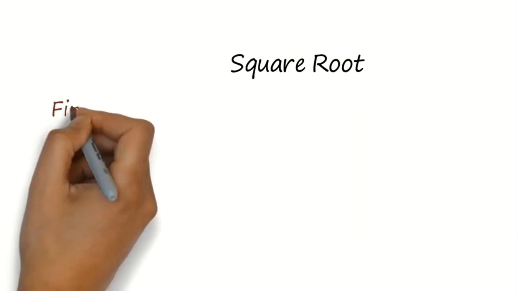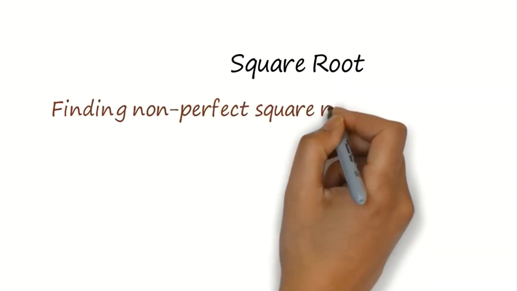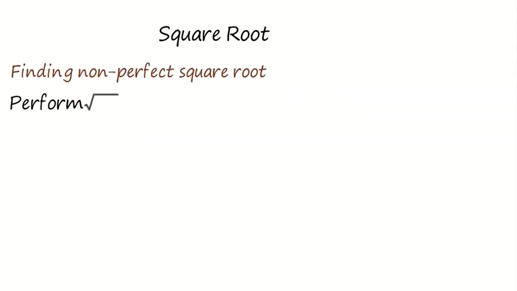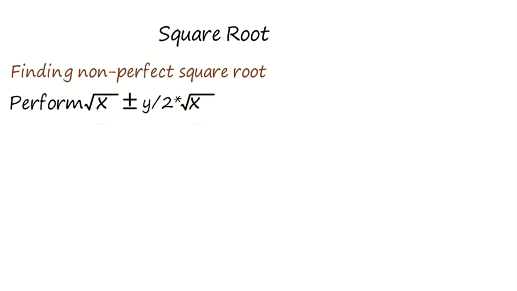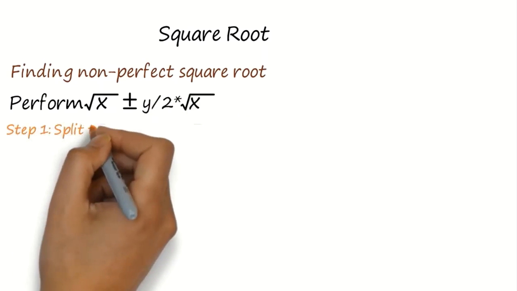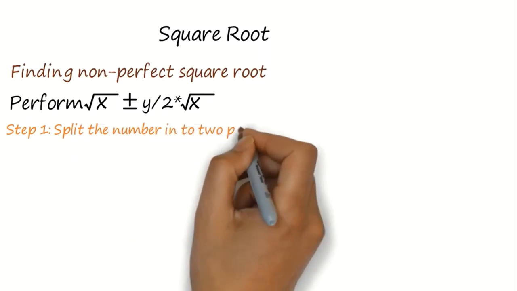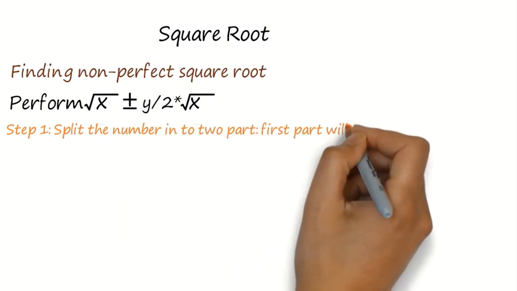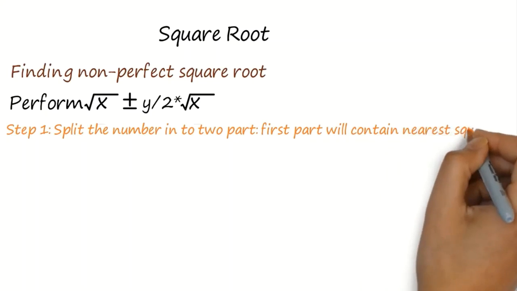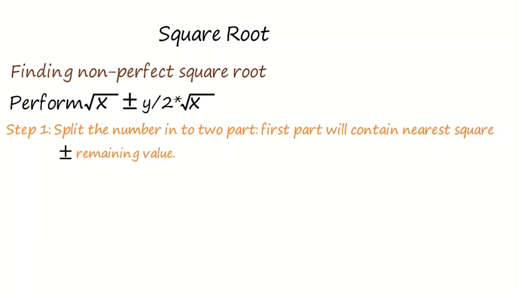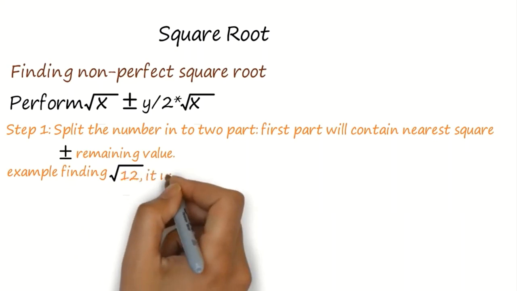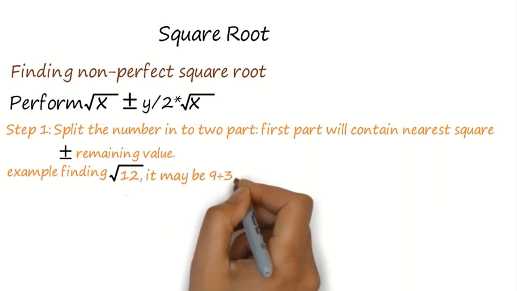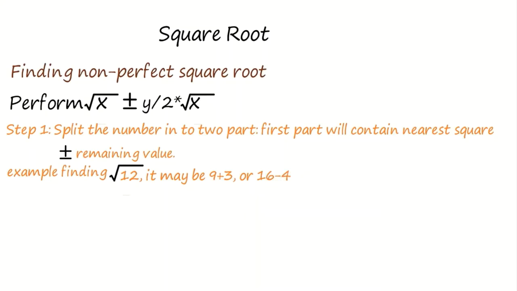Now let me give you a formula through which you can find non-perfect square root. The formula is root x plus minus y divided by 2 into root x. Now to understand how to get x and y, we would need to split the given number into two parts. And the first part should be the number which is the nearest square. For an example, to find square root of 12, we can split 12 as either 9 plus 3 or 16 minus 4.